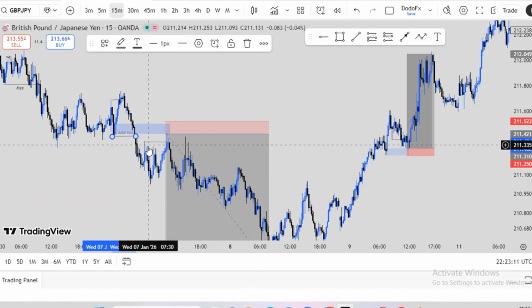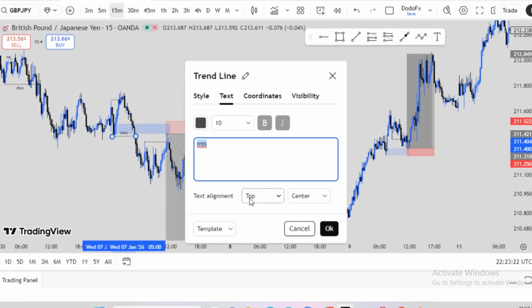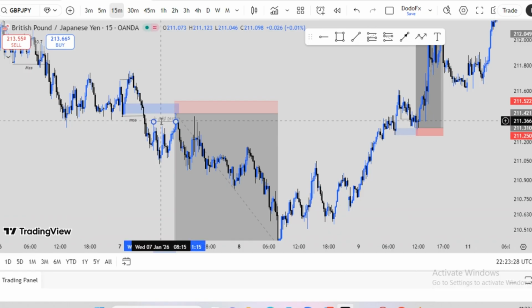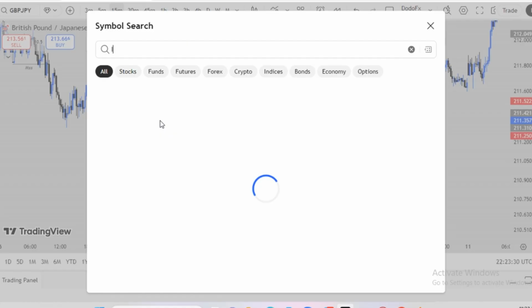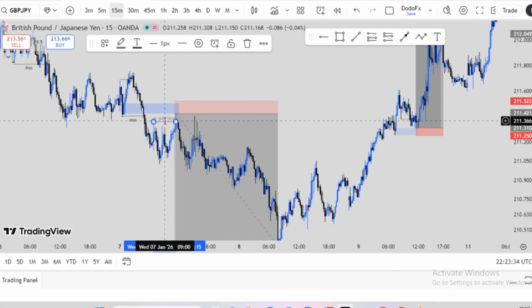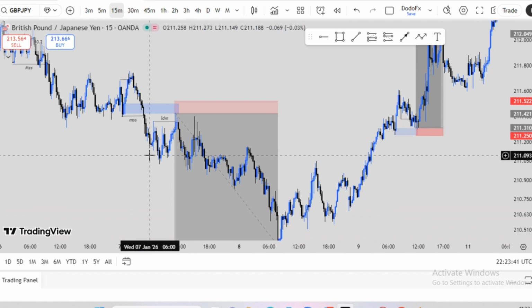And after giving us MSS, the first pullback, giving us the structure. The first pullback it did was this pullback. Let me label it as IDM. IDM, called inducement, right? Give us this one as an IDM.